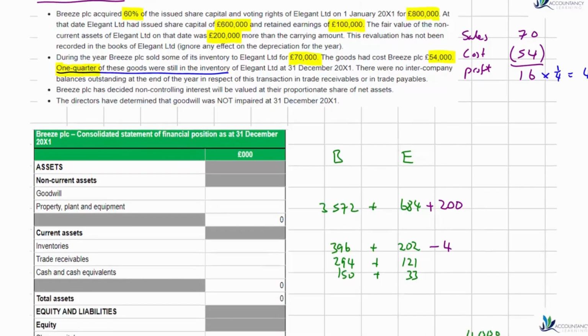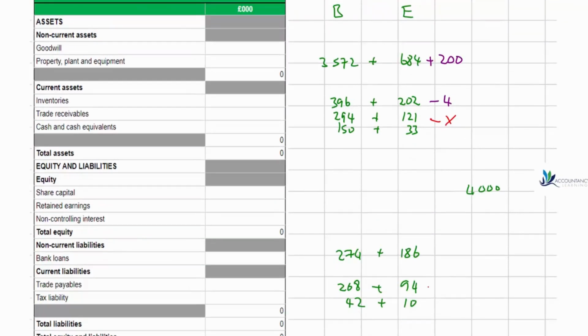Now, if there were, it means that we would have some negative number here to reduce receivables and also some negative number here to reduce payables. Because this is a receivable and payable that's inside the group, and therefore we don't really care about it. We only want to know how much do external customers owe us and how much do we owe to external suppliers. As this is internal, we'd eliminate them. But in this case, it says there's nothing outstanding.